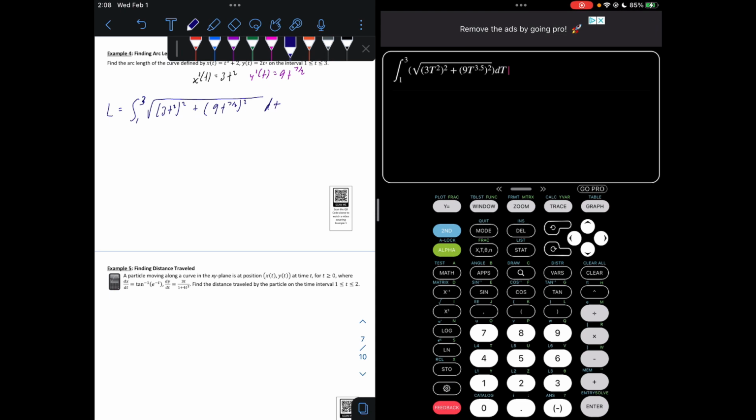I think I opened too many parentheses there, and I just deleted it all. Let's try that again. The integral from 1 to 3, square root of (3t squared) squared plus (9t to the 3.5) squared.